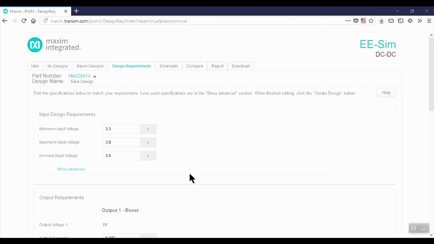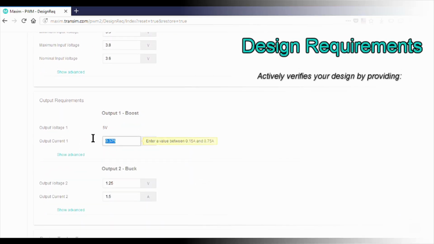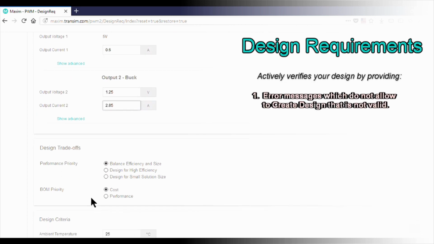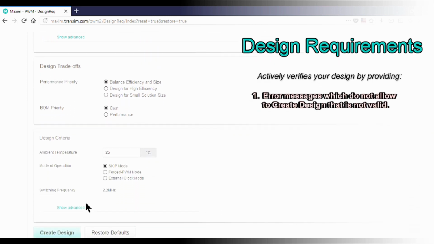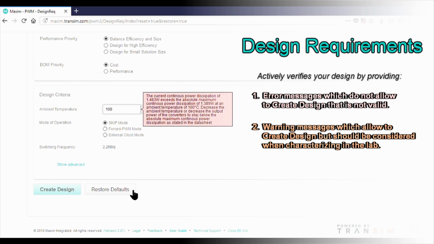The Design Requirements tab actively verifies your input design requirements and does not let you create a design if any guideline in the datasheet is not met. eSIM provides error messages when the current state of the design requirements cannot yield a working design with the chosen part. Warning messages also appear as a cautionary tale for the designer to take note when verifying the hardware in the lab.